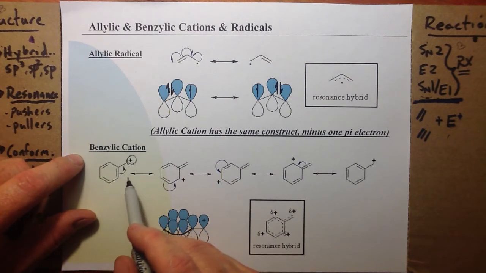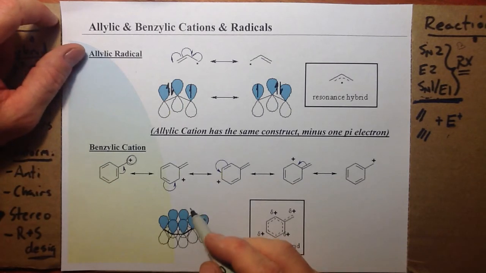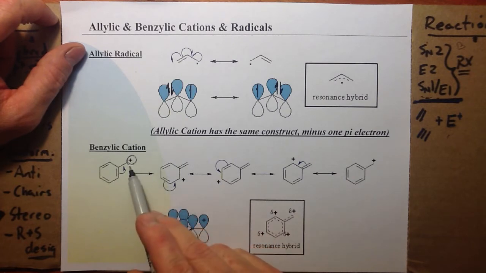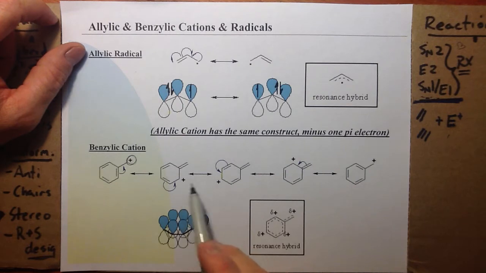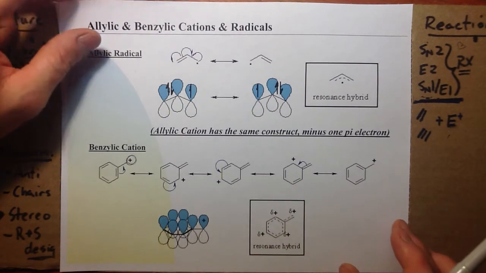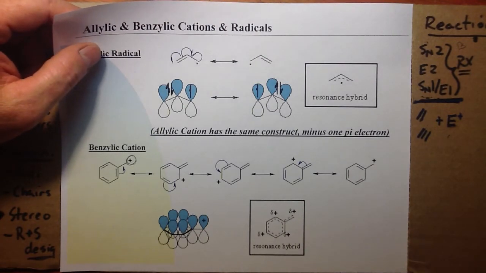We can have stabilization by resonance of that positive, negative, or radical that we would have at the allylic position. We can again have a radical here, an anion here, or a positive charge here, and these resonance forms would still apply. We'd just change this from positive to negative or to a dot. So this allylic and benzylic stabilization is very important of cations, anions, and radicals.